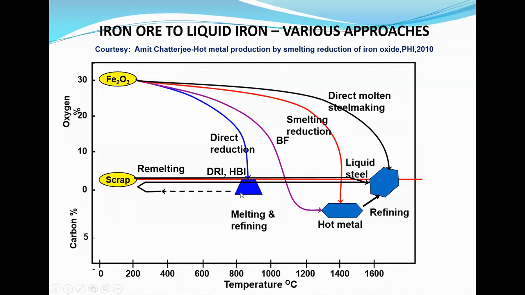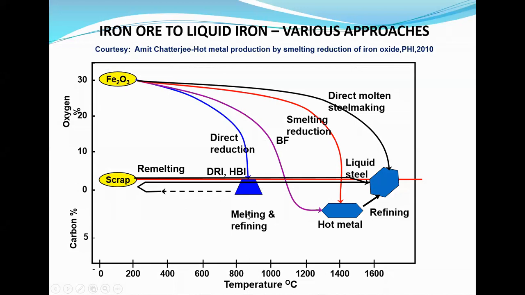So you can see the first product is the direct reduced iron. And obviously direct reduced iron is almost a pure metal with a certain amount of carbon. In the case of coal-based DRI, you can have around 0.1 to 0.2 carbon. In the case of gas-based DRI, it can be even up to 2% of carbon. So that's why this is the location.